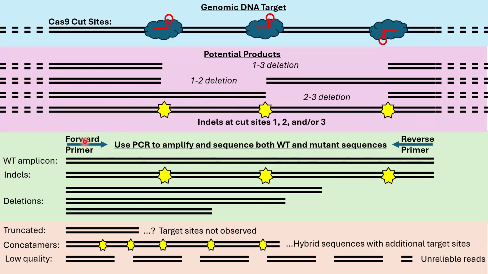So you see what we've done here is located the forward primer upstream of the first site for Cas9 and the reverse primer downstream of the last site. That means that even the wild type and mutants, whether they be indels or deletions, should all be amplified via PCR because the Cas9 won't really affect the binding of these primers.